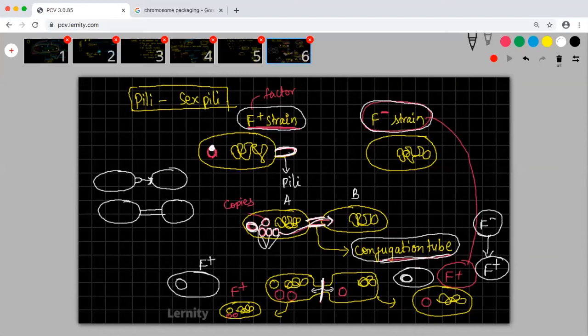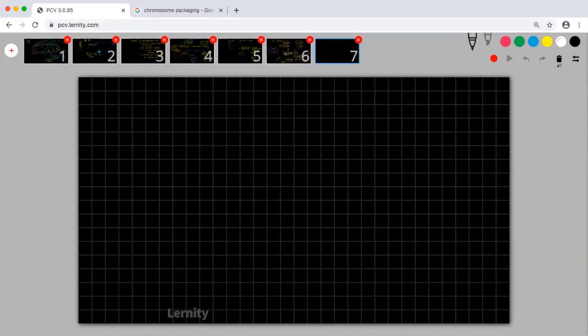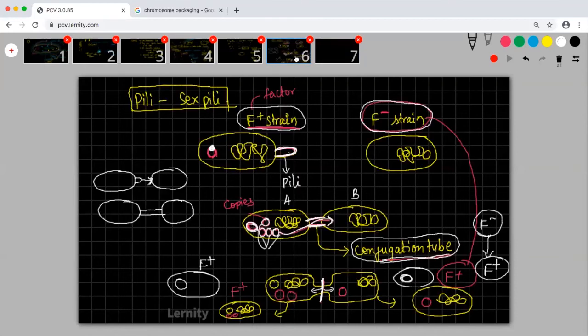Why can we not call it reproduction? It is because no new bacteria is formed. What has happened? An F minus bacteria has converted into an F plus bacteria. Pili will be there in any bacteria.